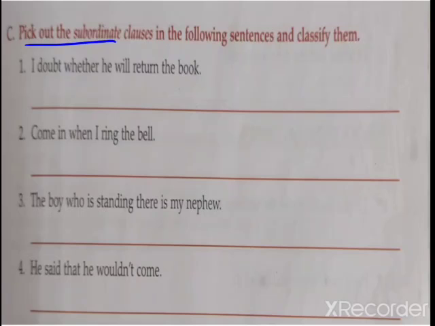Now look here. Number 1, I doubt whether he will return the book. Which conjunction are you able to see? Whether. We know that a subordinate clause always joins with a conjunction like whether, when, that, till, until, so that, because, before, after, etc. So students, first you have to identify the subordinate clause, and to do that you have to find the conjunction first.